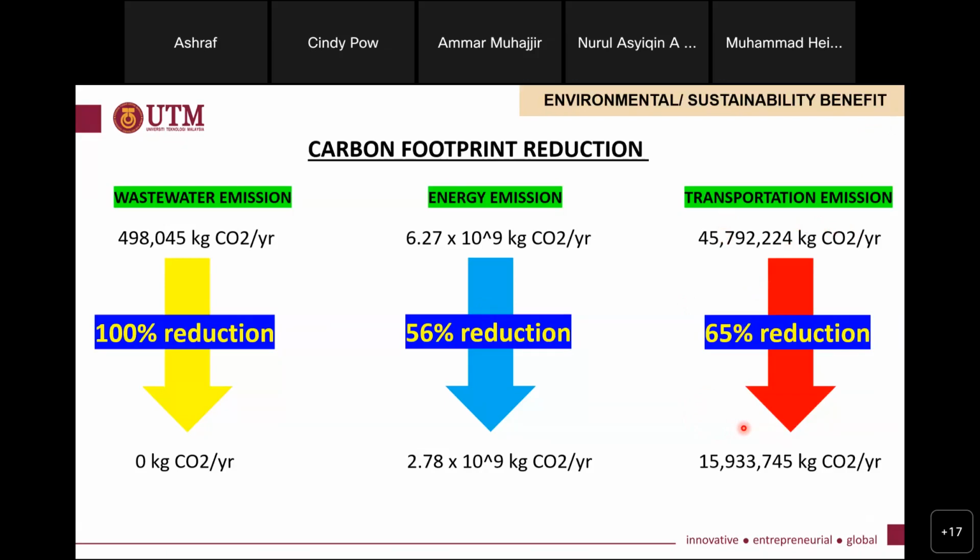That raw material is transported through pipeline, and the amount of carbon dioxide emitted for pipeline transport is less than by using truck. So that is why we get a 65% reduction for transportation emission. Next slide.